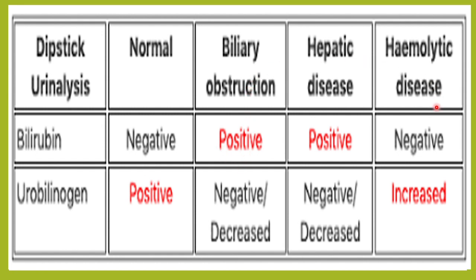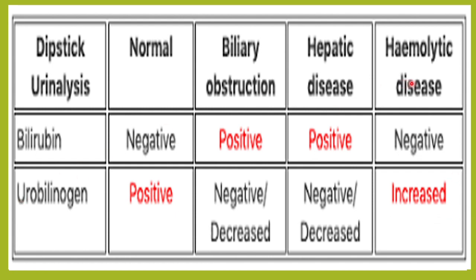In case of a hemolytic disease, what happens? There is increased destruction of the RBCs, and whenever there is increased destruction, there is increased production of bilirubin, and that goes into the intestine. Increased amount of urobilinogen is formed, so urobilinogen will be increased in hemolytic disease.